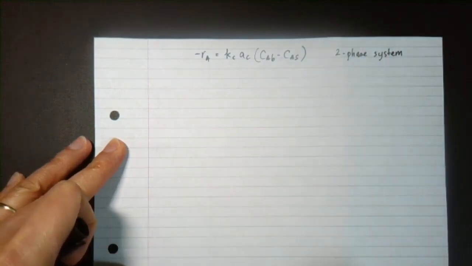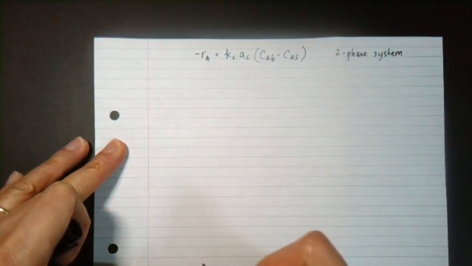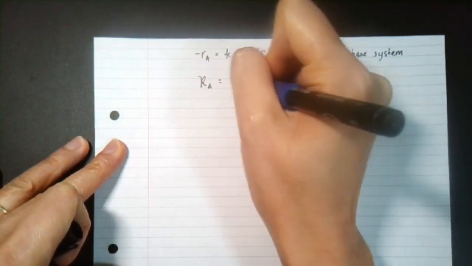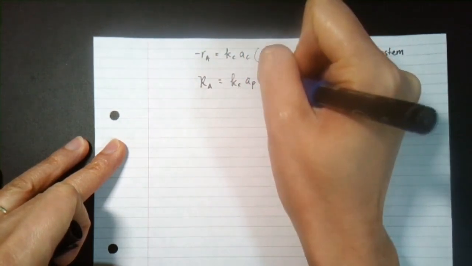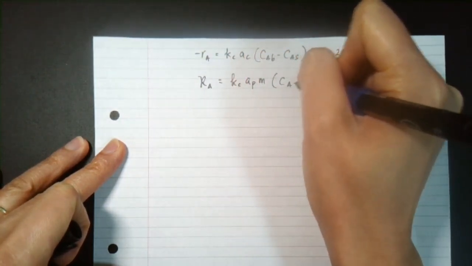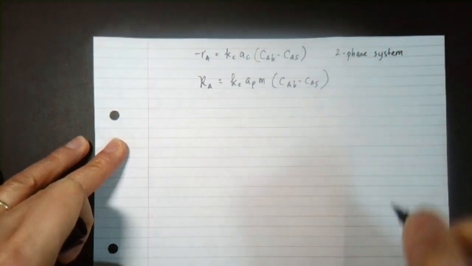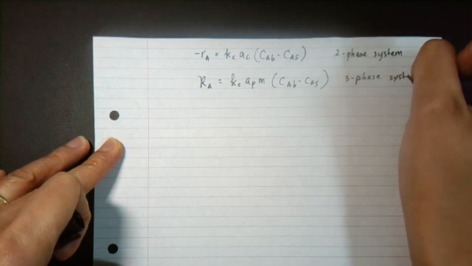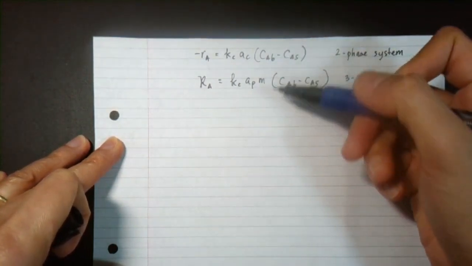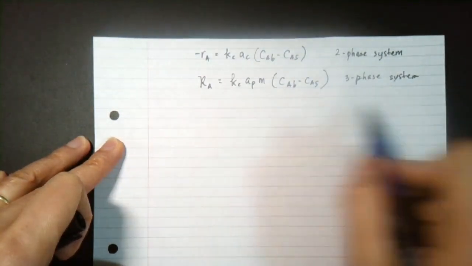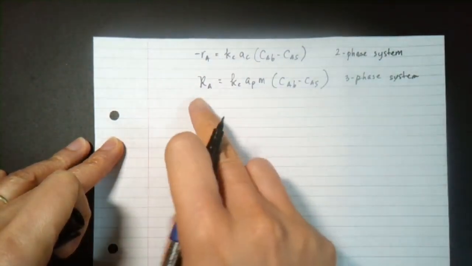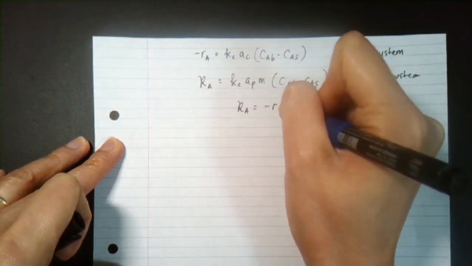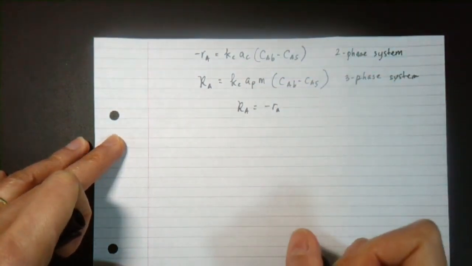So now we have a three-phase system, and we wrote the rate for external diffusion as capital RA is equal to Kc AP M times CAB minus CAS. Okay, so this is for the three-phase system. They are the same thing, but in this topic for the three-phase system, we are only interested in the magnitude of the rates. So we can say that capital RA is equal to negative small ra.